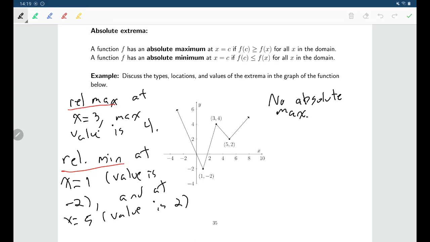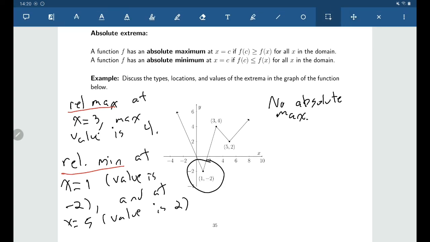But we do have an absolute minimum. If we're looking at this point that we had here at the bottom, (1, -2), that has not just the smallest y value in its little nearby neighborhood, but it also has the smallest y value out of all the points that are on the graph.